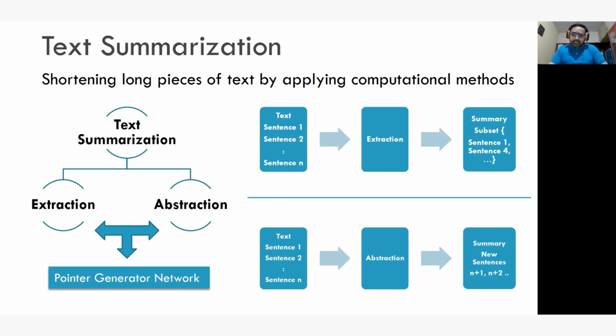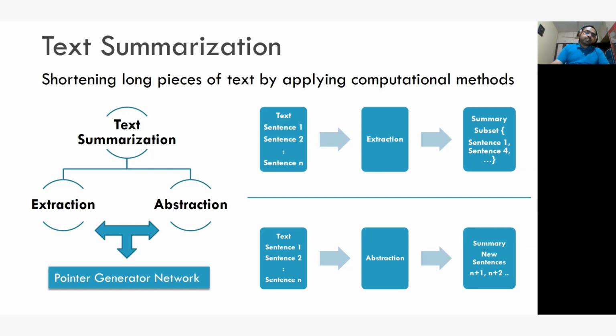Whereas if you consider abstraction technique, it's going to give you more realistic results, but it is very hard to implement. Now there is an in between way where we can use the advantages of both extractive summarization technique and abstractive summarization technique. So we can combine both and we can design a new technique, and that new technique is nothing but pointer generator network.